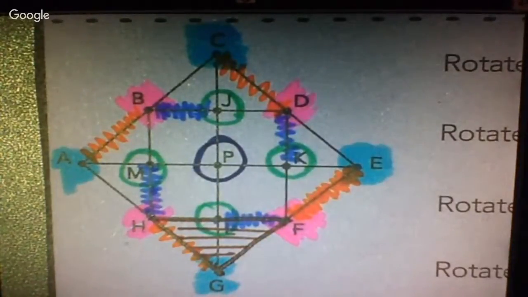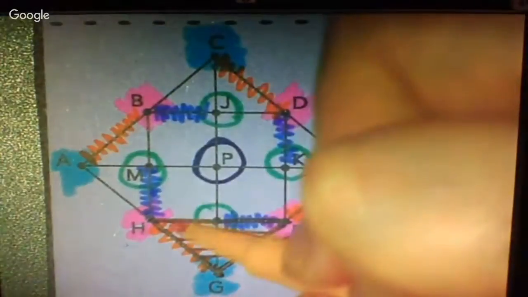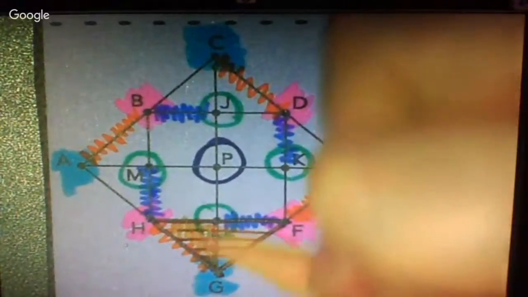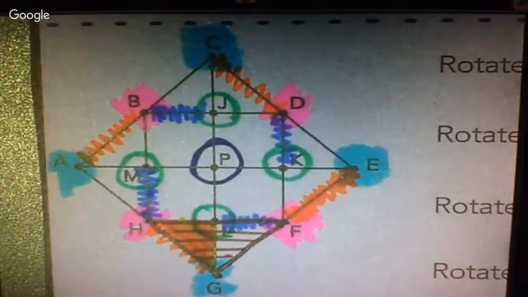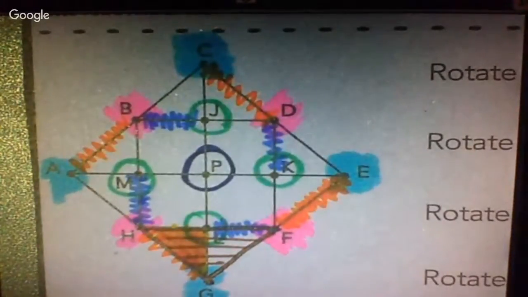Okay, my last one for these. GLH. GLH is just this tiny triangle right here. That just the little one that I colored in completely.